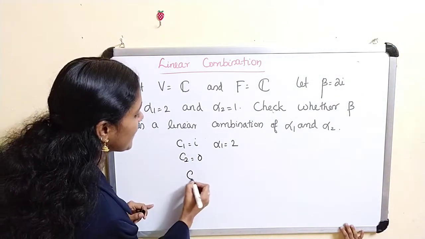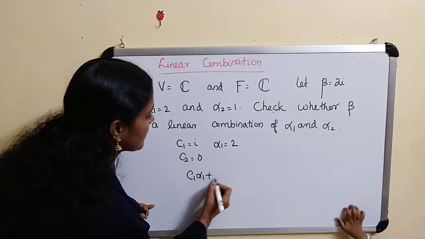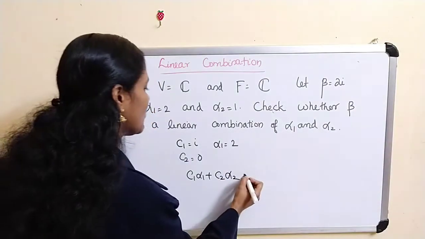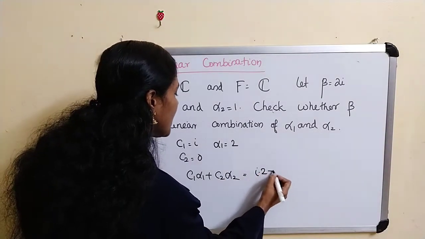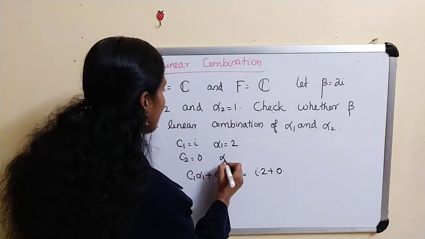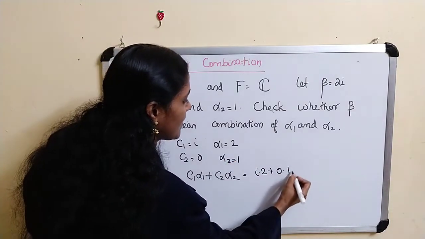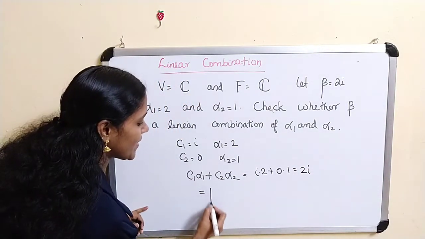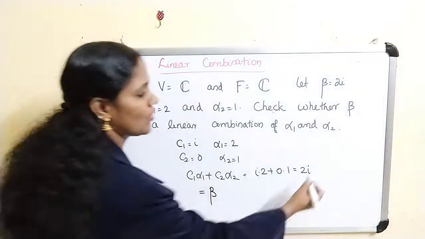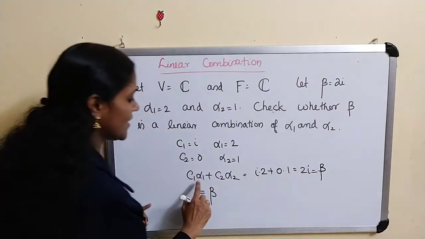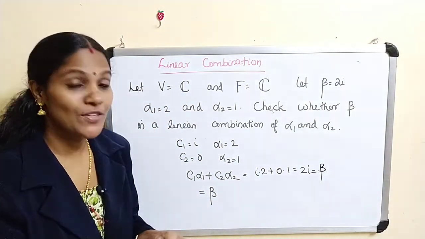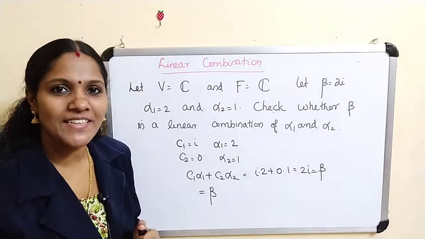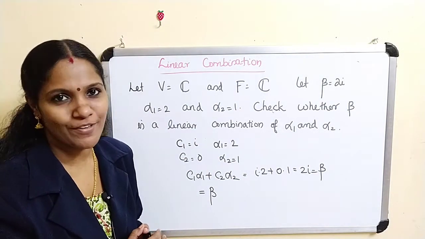Now C1 alpha 1 plus C2 alpha 2 is equal to i into 2 plus 0 into alpha 2, which is 1, and this is equal to 2i, which is equal to beta. That is, C1 alpha 1 plus C2 alpha 2 equals beta. That means beta is a linear combination of alpha 1 and alpha 2.